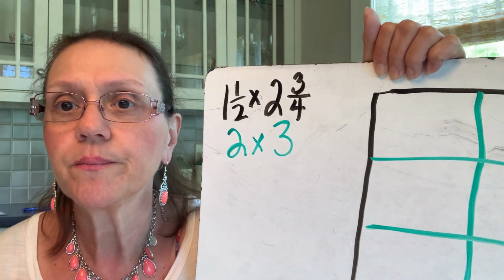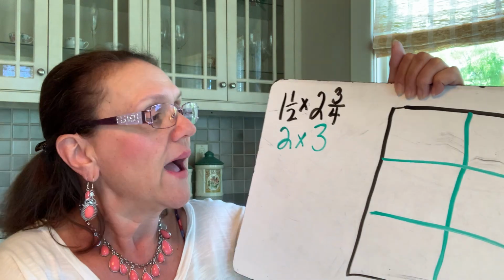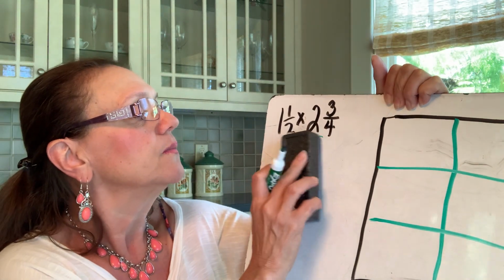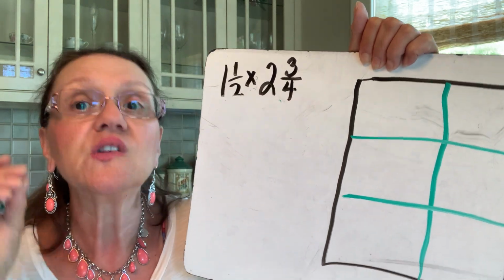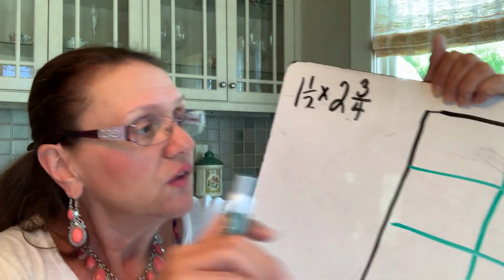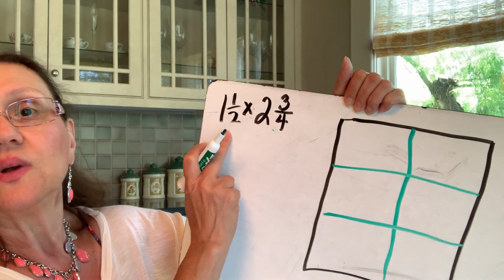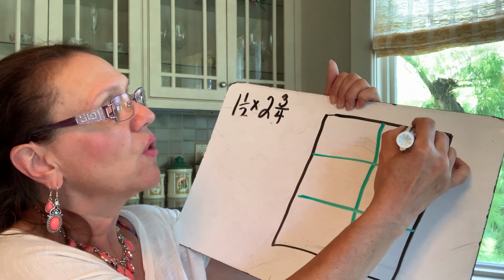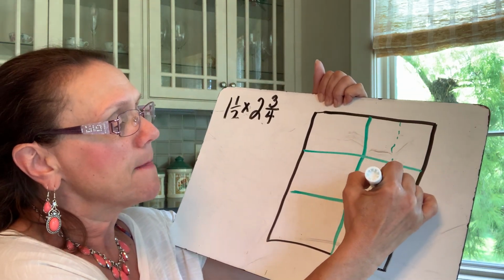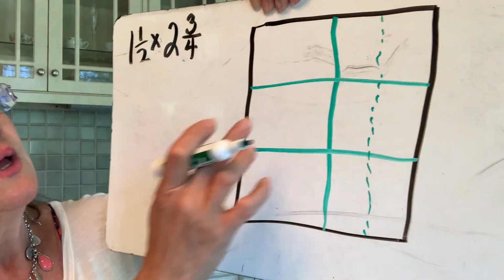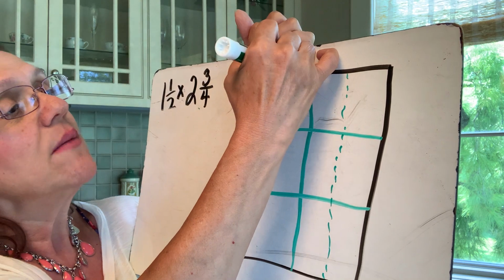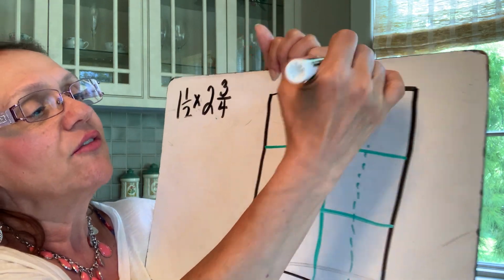So far, so good. Then we go back to our mixed numbers, and we draw in our mixed numbers using a dotted line. So instead of 2, it isn't really 2, it's 1 1/2. So I'm going to draw in my half here. It's hard to draw straight, but you get my idea. Here's 1, and I'm going to label them 1 1/2.